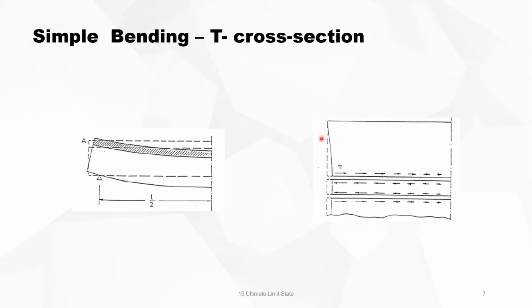So the section before loading is not plane anymore after loading because of the difference in the shear force. So it's going a little bit skew. That's a problem because that was one of the assumptions that we had to calculate reinforced concrete.